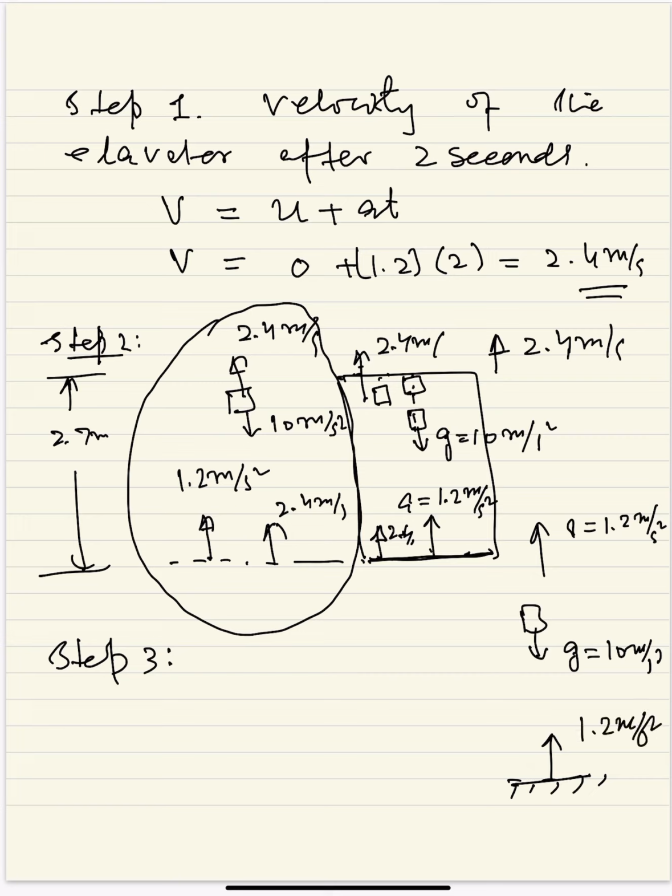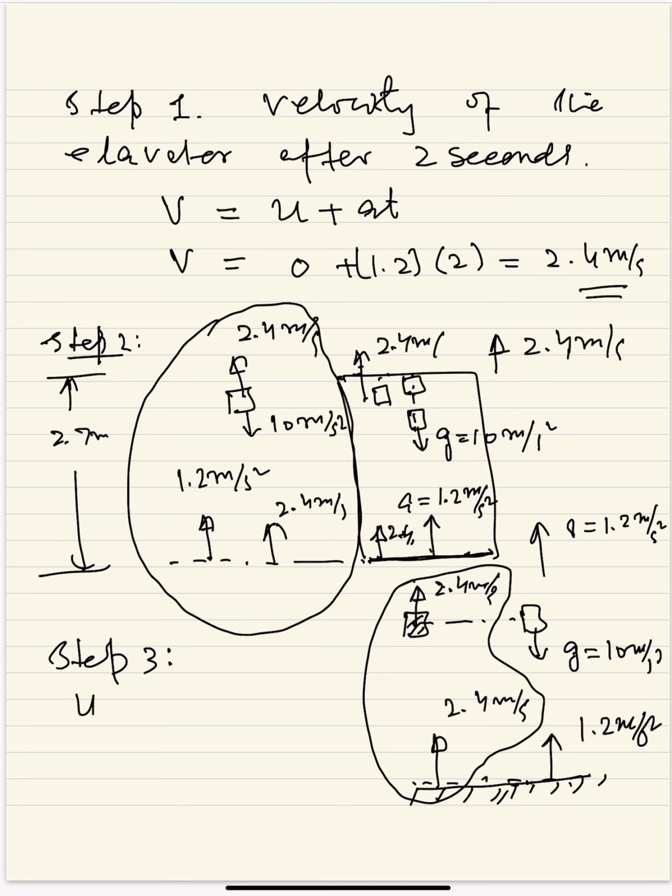But now here this has the velocity 2.4 meters per second, and this bottom has also velocity 2.4 meters per second at that time after 2 seconds. Okay, now in step 3, what is the relative velocity between this bolt and the base?